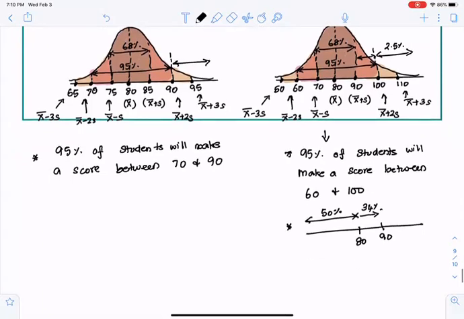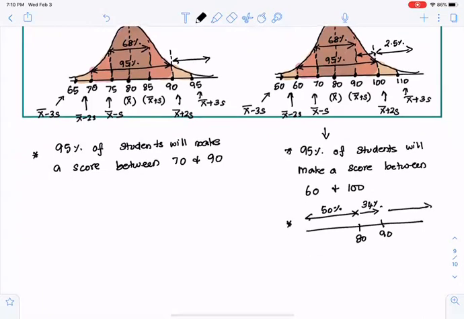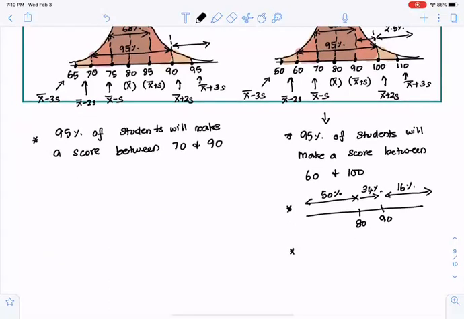So I can conclude 16% would score above 90.